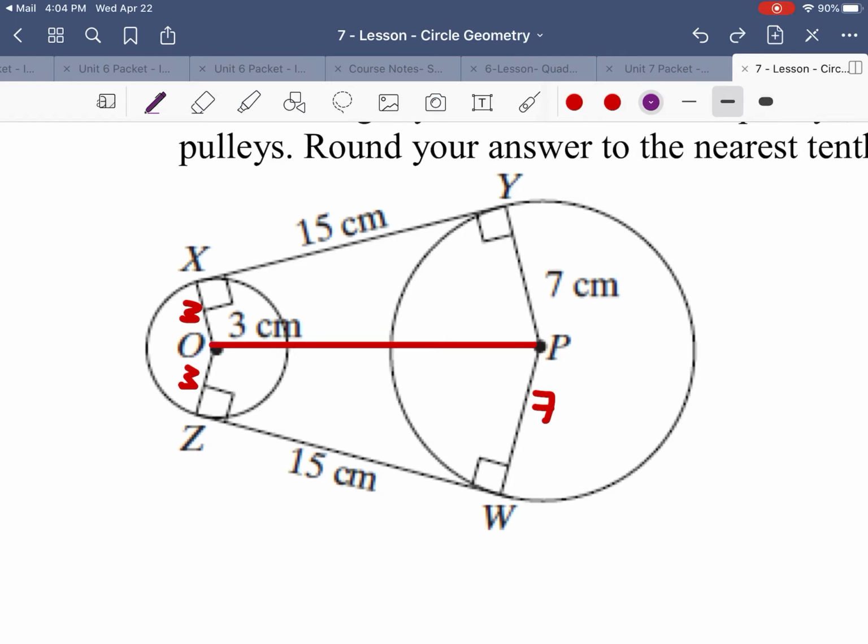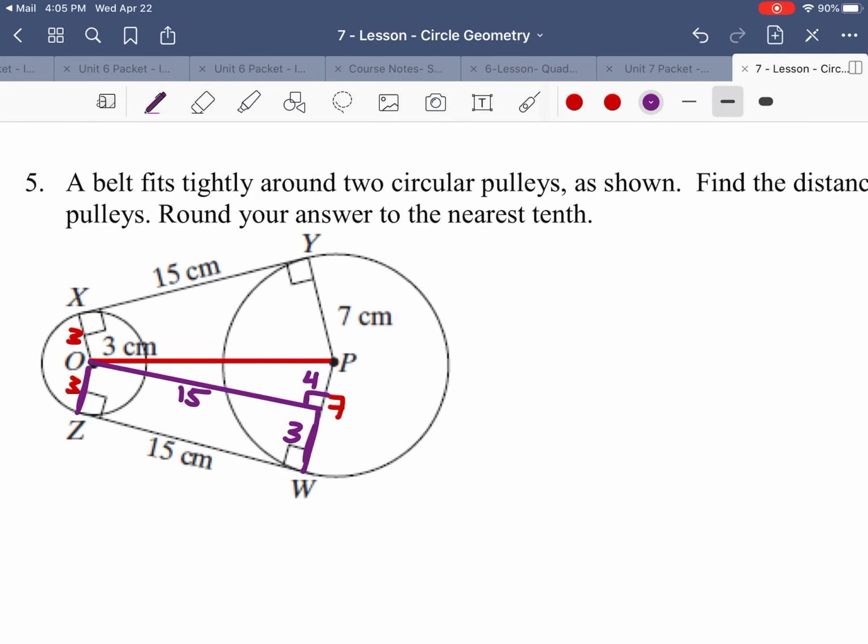One thing that we could do is draw a little line segment right here. We know that this dimension and this one have to be the same. So that's going to be 3, which makes this guy, even though it's not drawn to scale, 4. We also know that this one has to be 15.